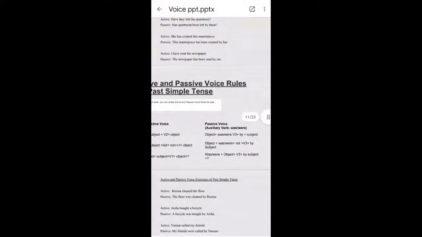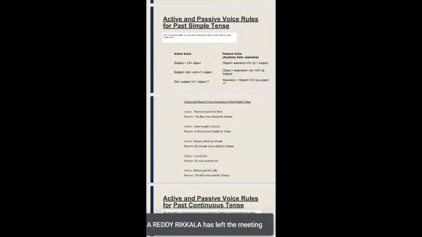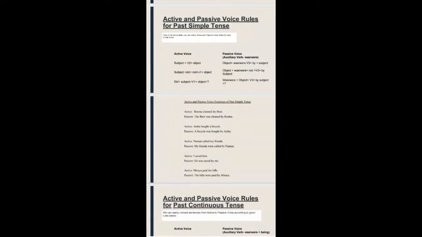Okay. Now, till now we were in present tense: simple present tense, present continuous, and present perfective. Then come to the past simple tense. Things are almost similar. The continuous being will be there, perfective been will be there.